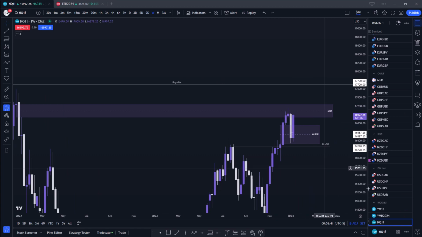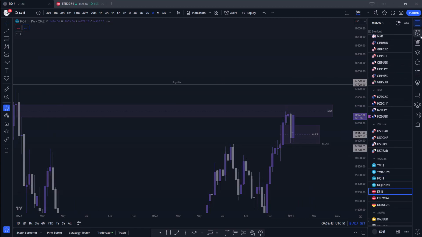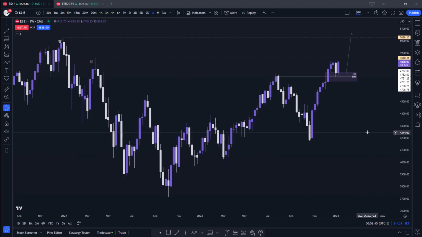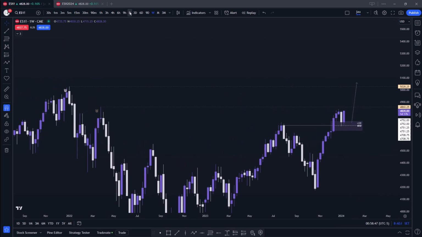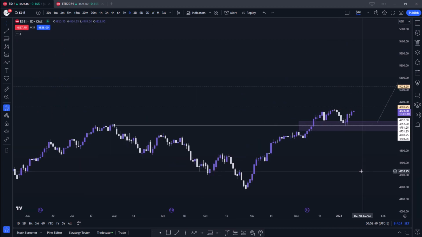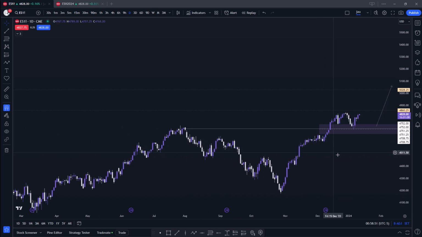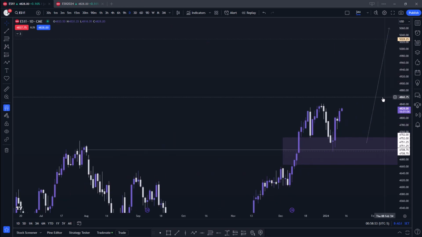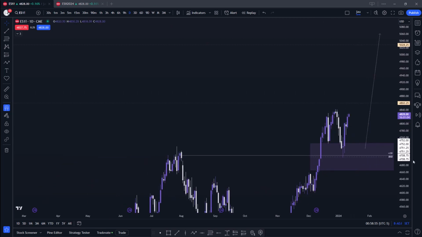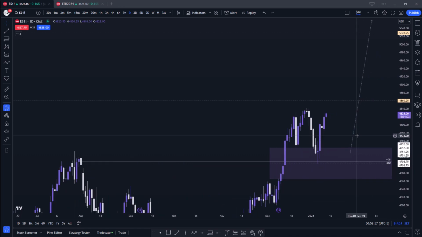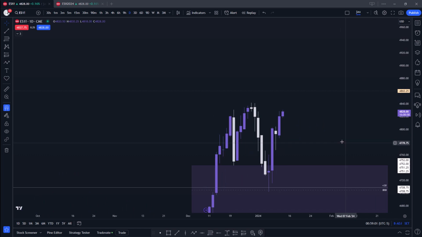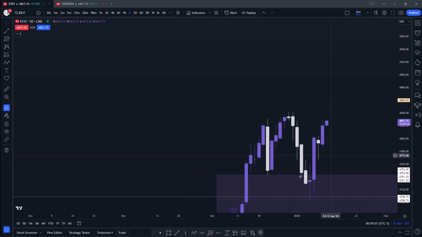Since we can clearly see that the ES is stronger than the Nasdaq, this is the reason why I've been buying the S&P 500 more than Nasdaq. So removing this arrow, what am I looking for today being CPI?